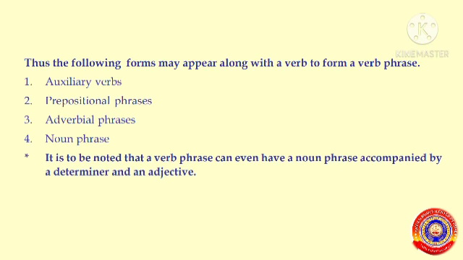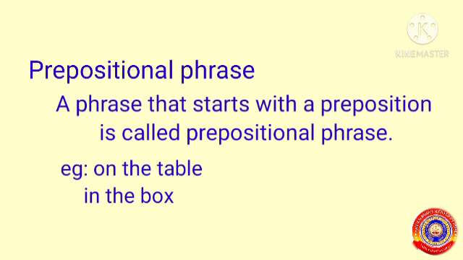So we can say the following forms may appear along with the verb to form a verb phrase: auxiliary verbs, prepositional phrases, adverbial phrases and noun phrase. It is to be noted that a verb phrase can have a noun phrase accompanied by a determiner and an adjective. A phrase that starts with a preposition is called a prepositional phrase.